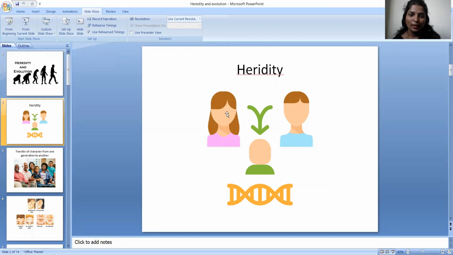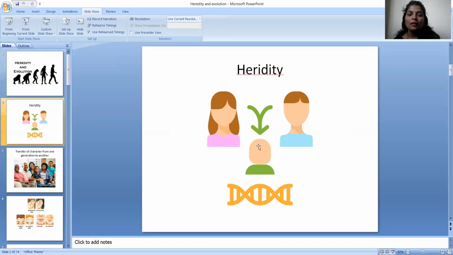For example, this is the mother and this is the father. They have some characters. For example, the mother may have straight hair or curly hair. Suppose she has curly hair, and the father has blue eyes. If the child has some characters of them, suppose the child has curly hair, that means the curly hair trait has come from her mother's side.